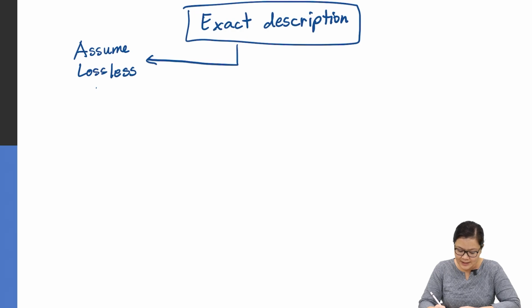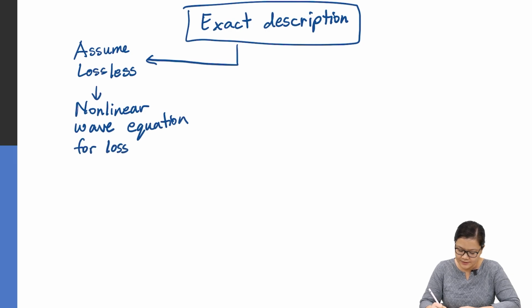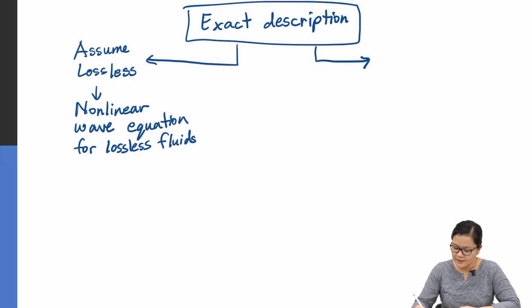So this will give us a nonlinear wave equation for lossless fluids. Another assumption would be if we assume that the amplitudes of the pressure variations, acoustic variations in the medium are negligible or very small, then we assume linear.